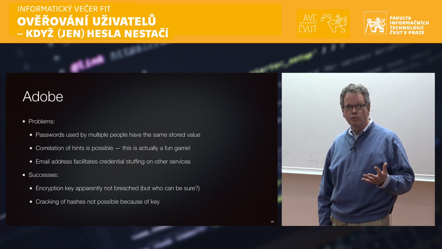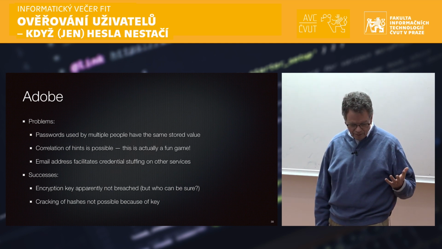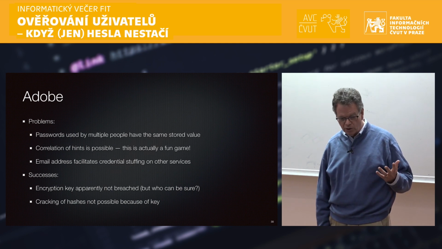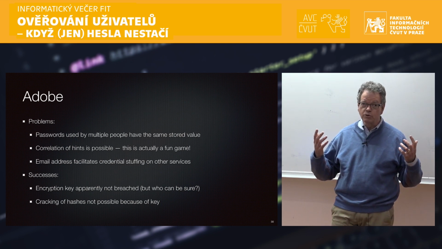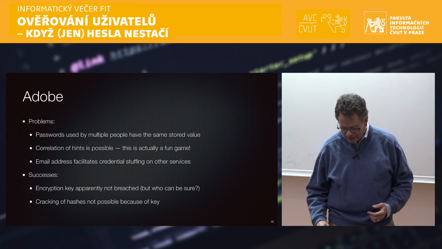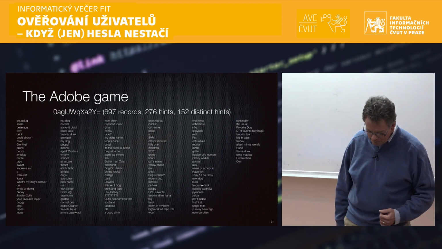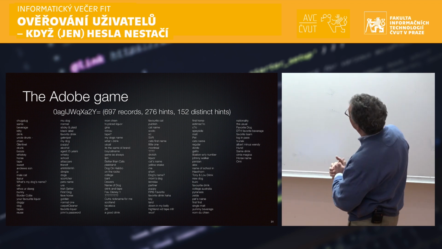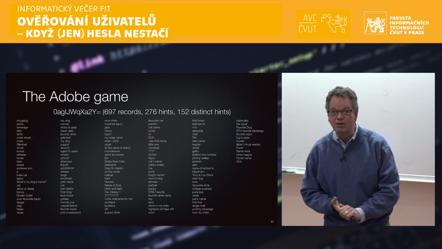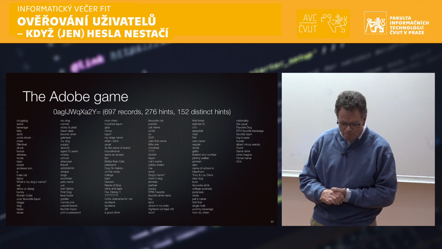There were a couple of things that were fortunate. Nobody ever got the encryption key, as far as we know. And as a result, they weren't actually able to directly crack the hashes. Instead, you had to play this game. And here's the game. This is probably a little bit of an eye chart, especially for you in back.